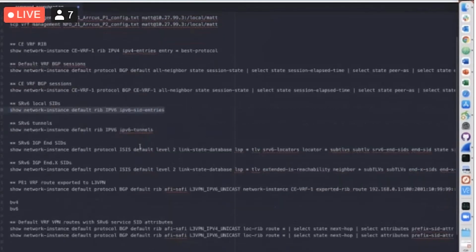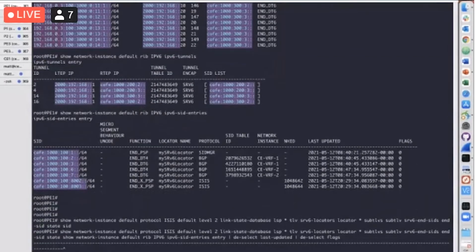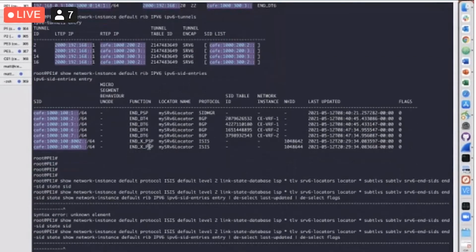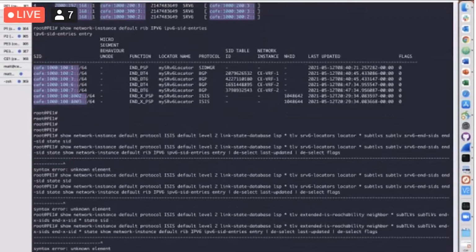If you're doing anything with ISIS for segment routing, this is a little bit different topic than what we're doing with BGP.